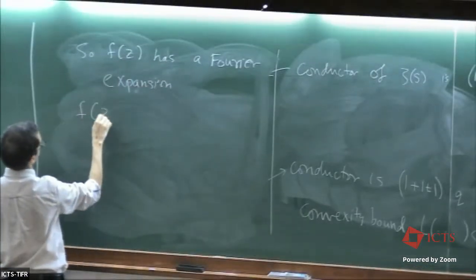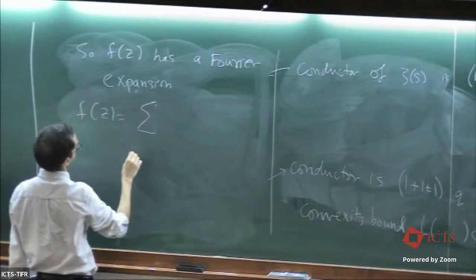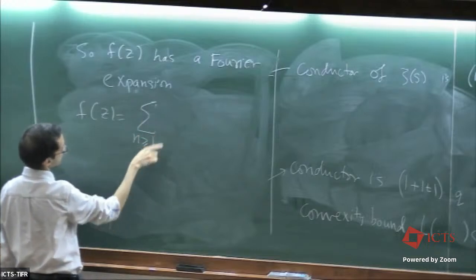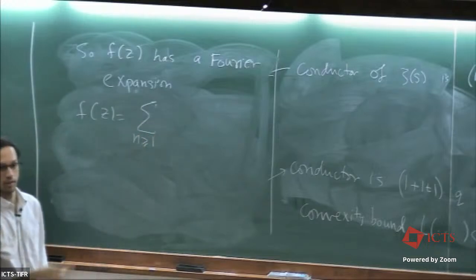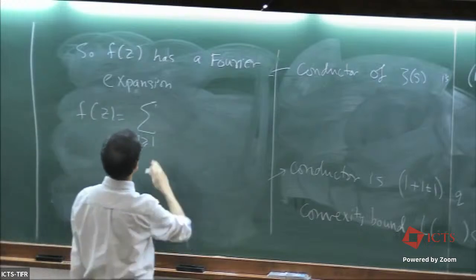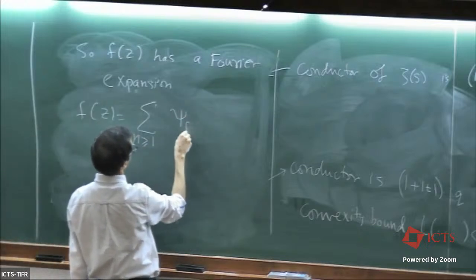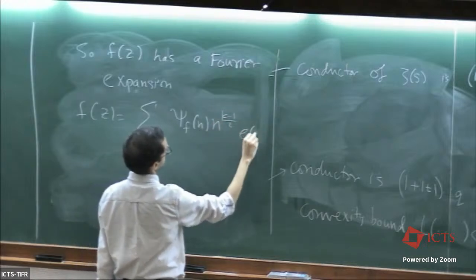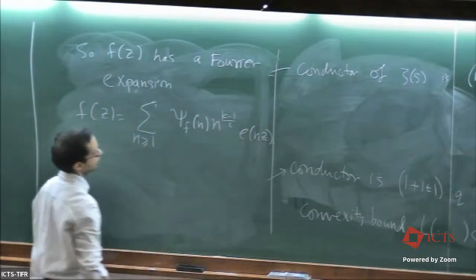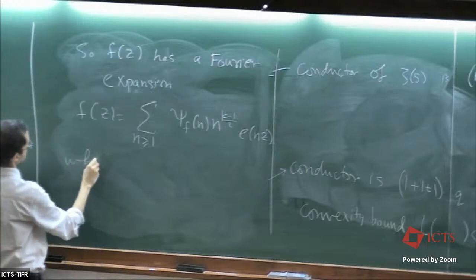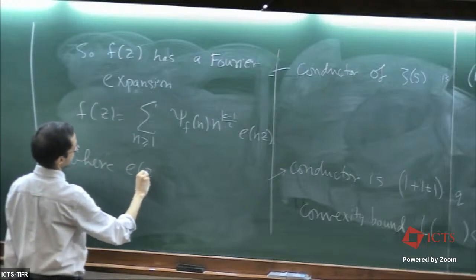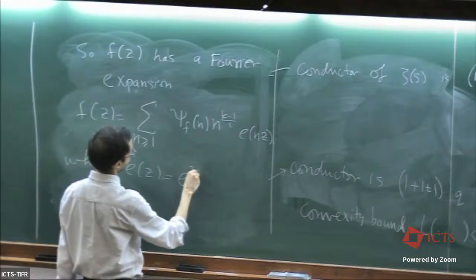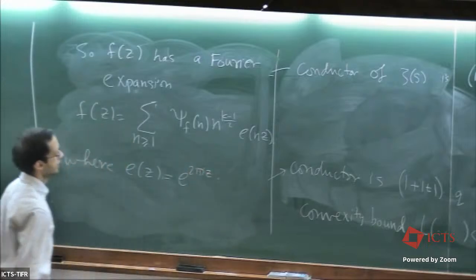And the Fourier expansion is going to look like something that does not have the 0th term because it vanishes at infinity. And the coefficients look like this, where again, you're using the notation e of z for e to the 2 pi iz.